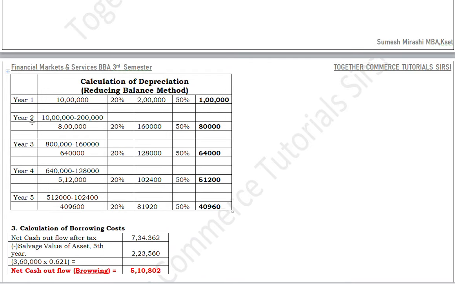For the next year, the original value of the asset is 10 lakh from the previous year minus 2 lakh depreciation. When you subtract 10 lakh minus 2 lakh, you will get 8 lakh. On this 8 lakh, you should put 20% depreciation. Then you will get the value as 1 lakh 60, and on this 1 lakh 60, you should put 50%. Then you will get the tax saving as 80,000.